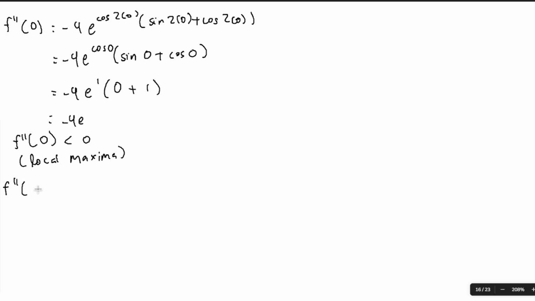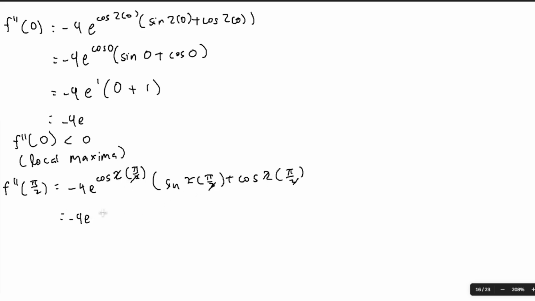Then we do f dash of pi over 2, which is minus 4 e cos 2 pi over 2 times sine 2 pi over 2 plus cos 2 pi over 2. Then we just cancel out all the 2's. We would be left with minus 4 e cos pi times sine pi plus cos pi.